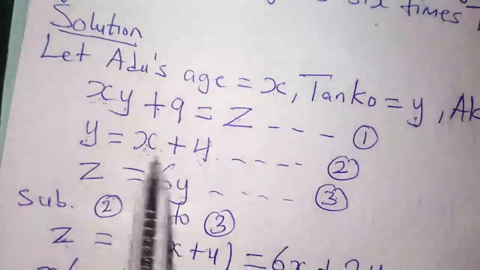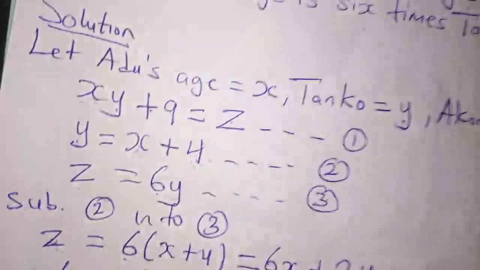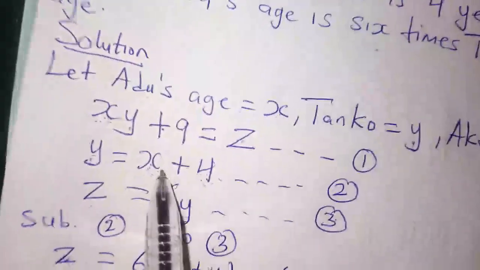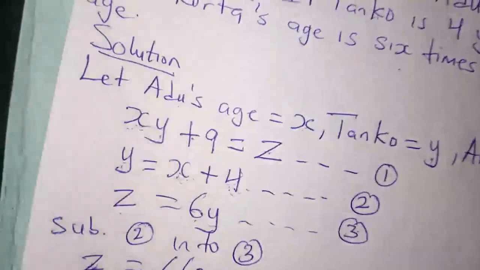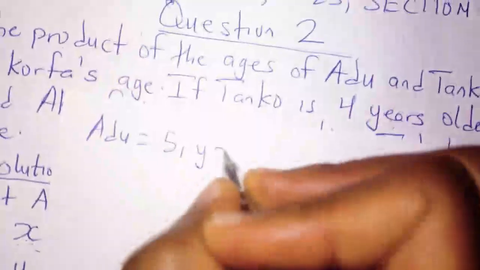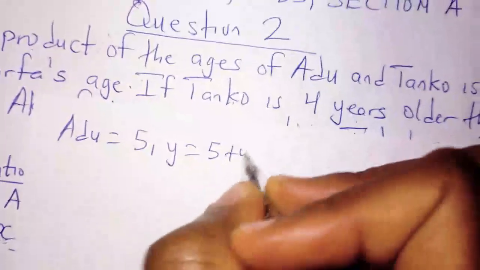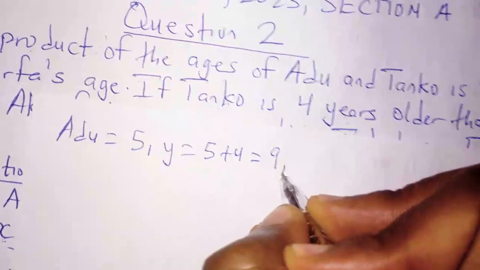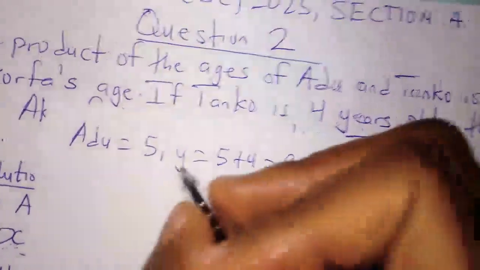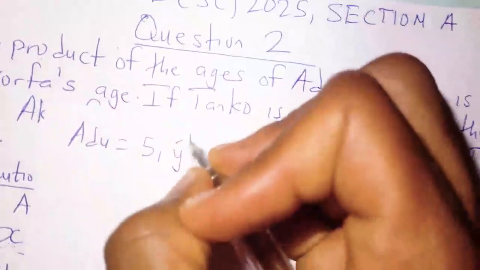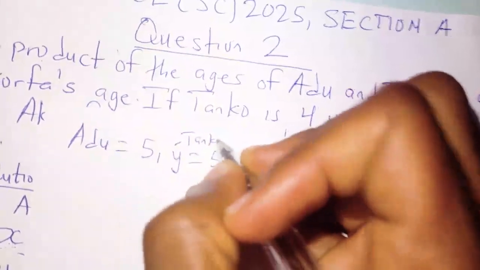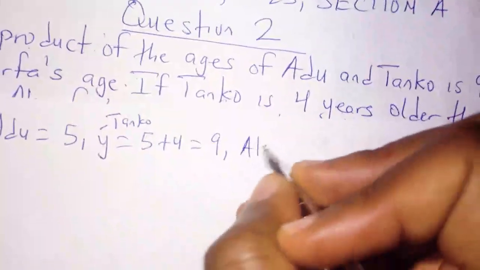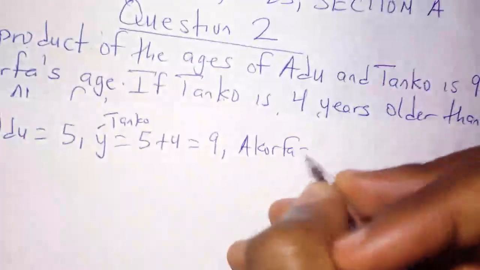We said y is equal to x plus 4. So we said Tanko is 4 years older than Adu. It means Tanko is going to be 5 plus 4. So y is going to be 5 plus 4, which is equal to 9, right? So it means Tanko is 9. This y is Tanko, 9. Then Akufa, we got his age to be 54.